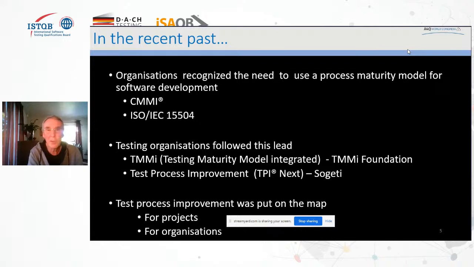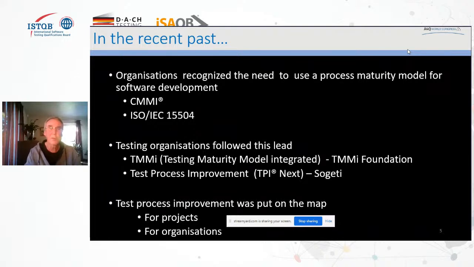And those were for software development, and the testing organizations that were involved in professional testing picked up on that idea and developed their own maturity models specifically for testing. And there's a couple there that you may have heard of. They're still active, in particular TMMI, Test Maturity Model Integrated. It's a similar kind of approach to CMMI, and Test Process Improvement Next, TPI Next.